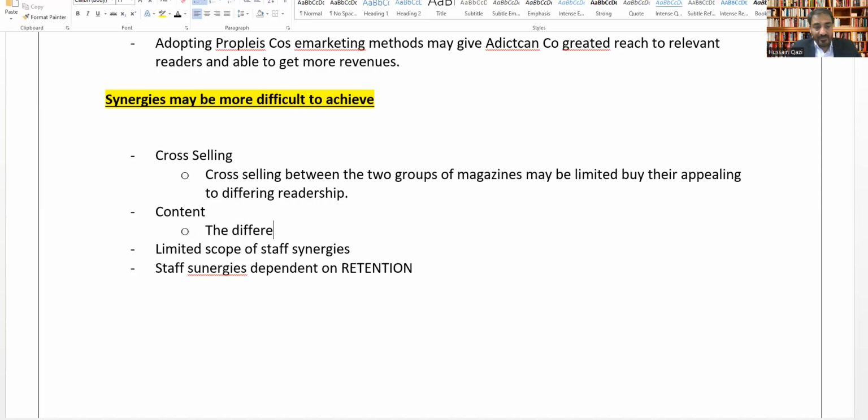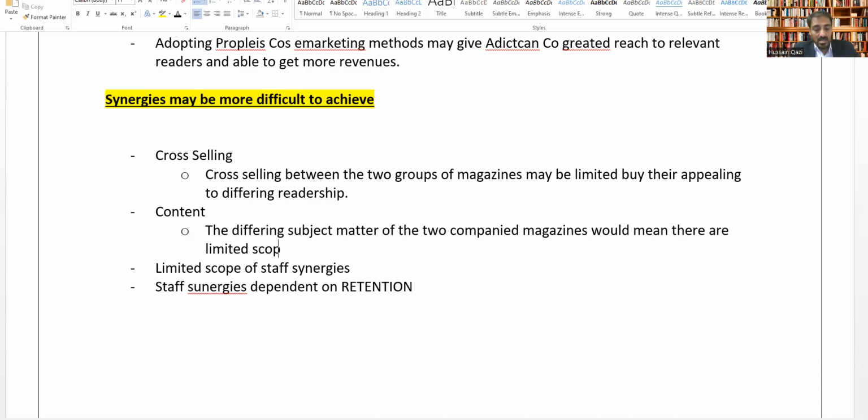So here we said it's a differing subject matter of the two companies or two groups of magazines, which would mean there are limited scope of opportunity to share common content.